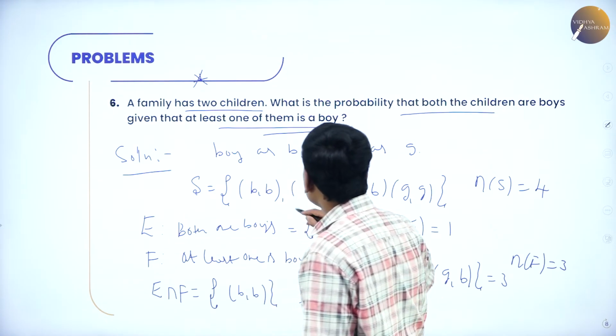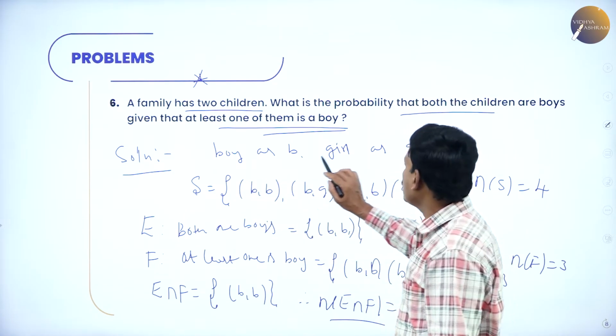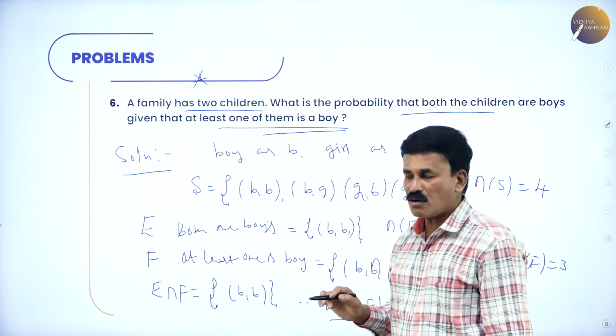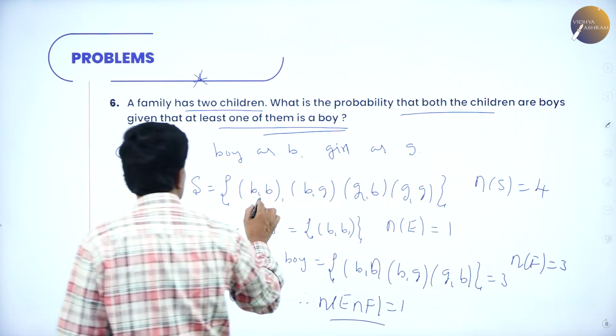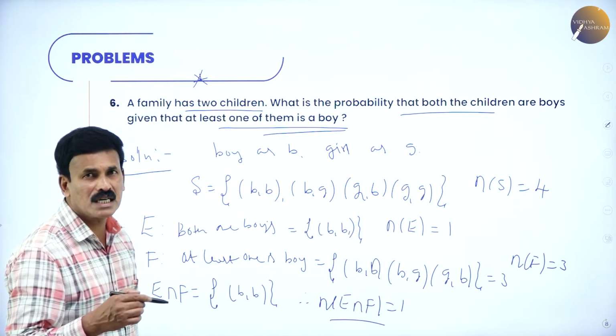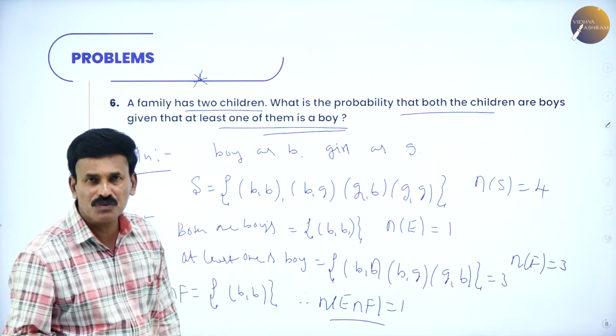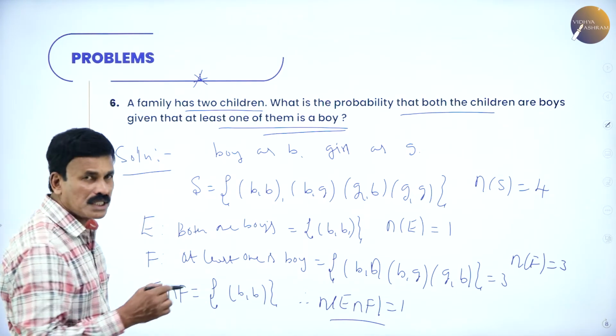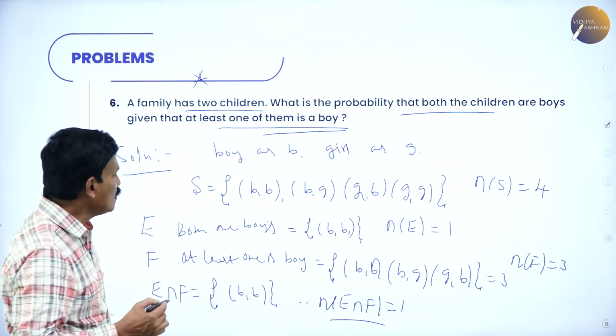Okay. See here, let us represent the boy and the girl child as B and G. So, the sample space is B comma B, boy and girl, girl and boy, girl and girl. So, N of S is equal to 4. Now, let us define the event E as both the children are boys.